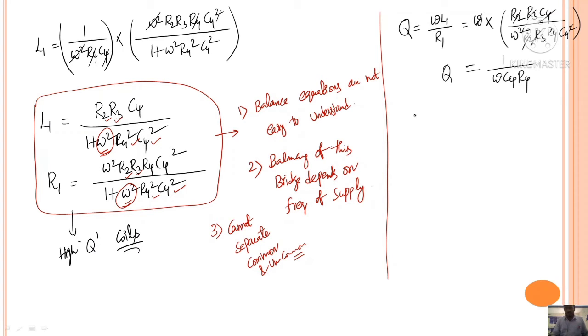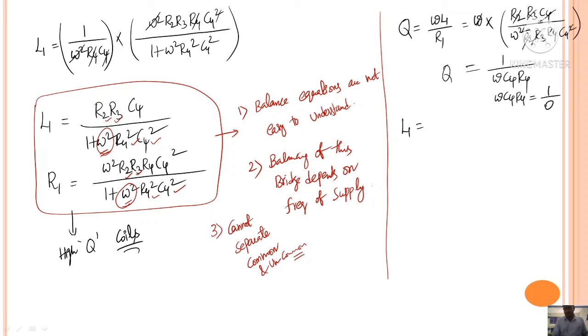Now, how can I write L1? By including this here in place of omega R4 C4, we can write omega C4 R4.